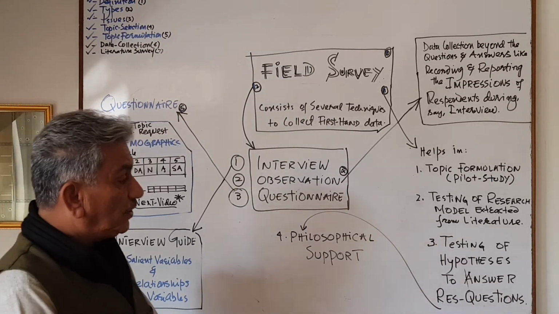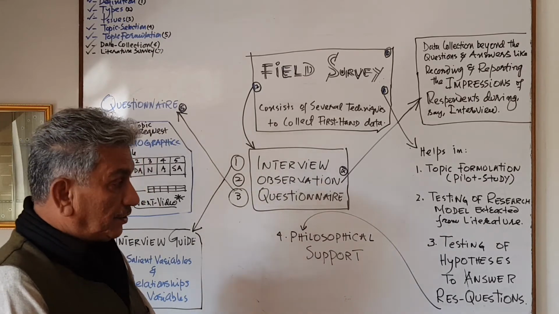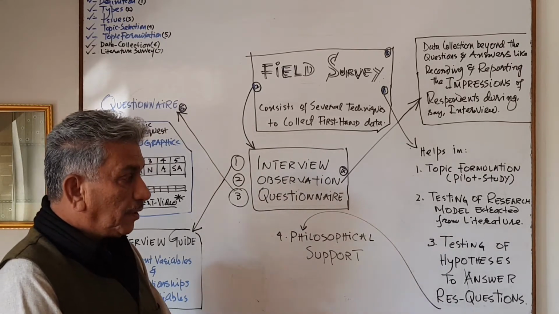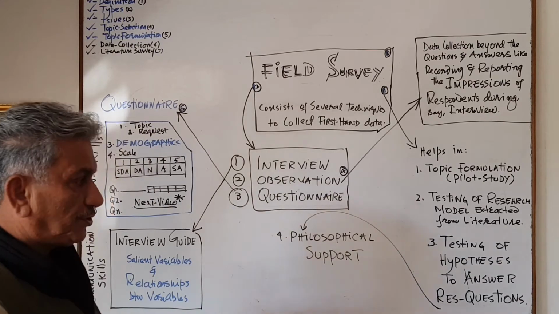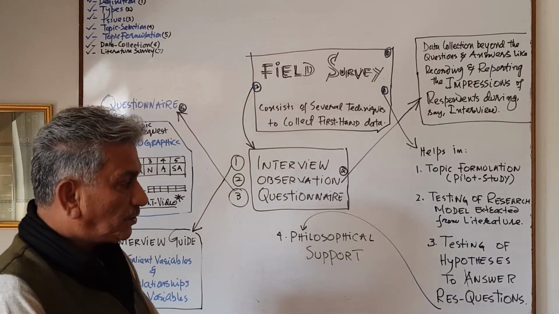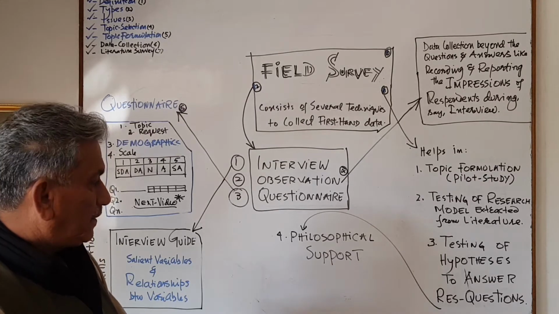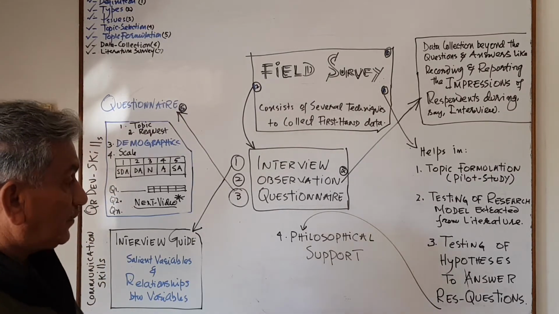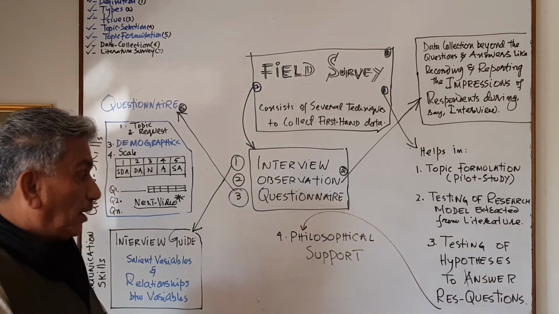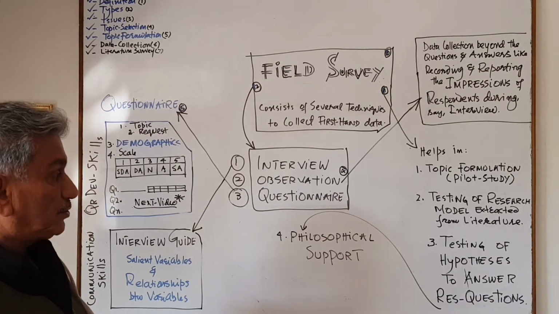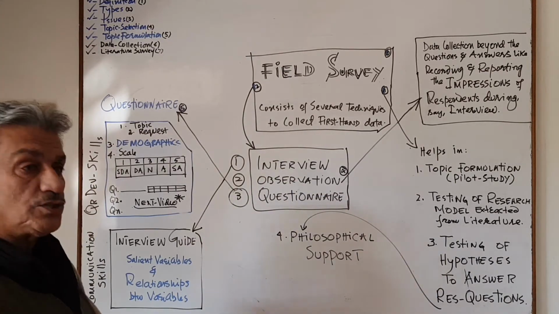The third role of field survey is that it is the main method for the social researcher to test the hypothesis developed from the literature. And finally, field survey also plays a big supporting role at the philosophical level.